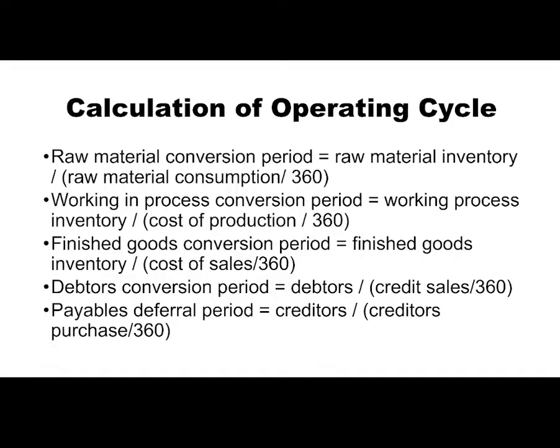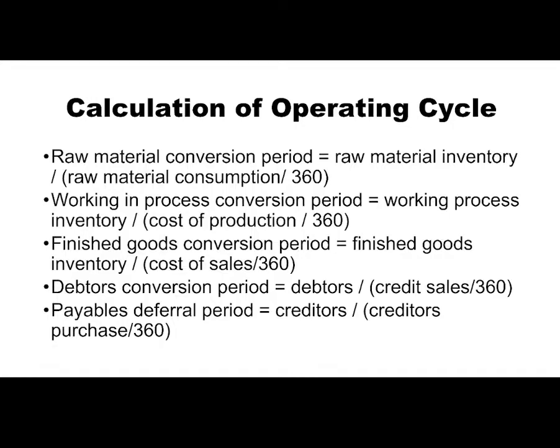Then you have the finished goods conversion period, the time taken to sell the finished goods. The finished goods inventory, you divide it by the cost of sales divided by 360. So the three will now give us the inventory conversion period, the sum of raw material, work in progress and finished goods.